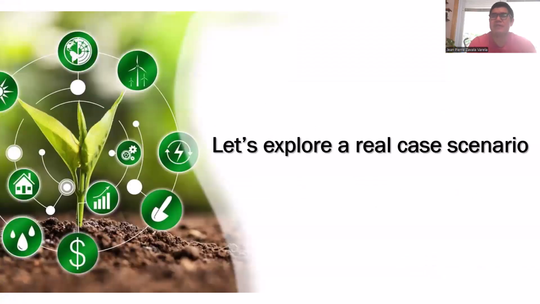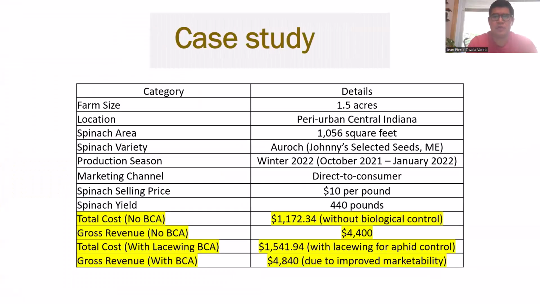But let's explore a real case scenario to see how we can compute these ratios. We have a small peri-urban farm in central Indiana. The area is 1.5 acres, and the spinach was planted on a little above 1,000 square feet.